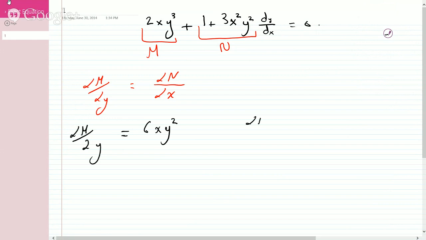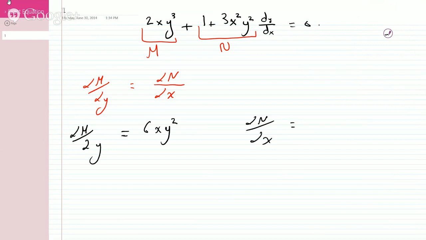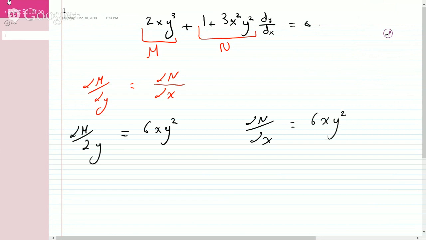Likewise, for dN over dx, you hold the y constant like a number, and you differentiate with respect to x. Clear on that? So we get 6xy squared. Hallelujah! Indeed, they're the same, so therefore exact.